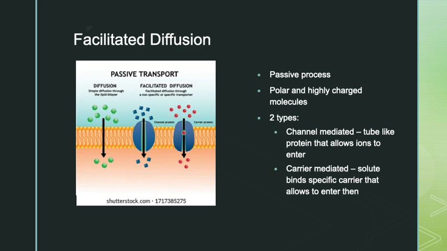The carrier will then close to the outside world and open to the inside world, allowing those particles in. In this example, it could also move them out as well. So channel mediated is usually going to involve ions that are going to have a specific charge. Carriers are going to involve specific solutes or particles that have a special shape, and that's what's going to allow them to bind to that carrier and enter the cell.